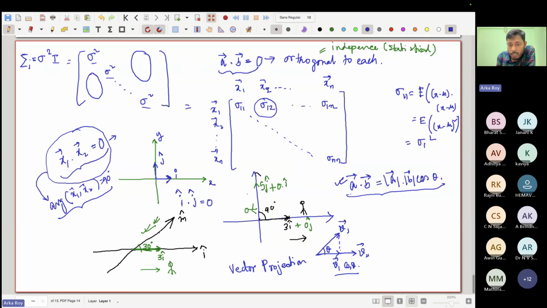This thing over here was not there. Why was it not there? Let's say you have a V1 component when you are residing in the X direction only. So over there you have 3 i cap. The projection of this particular vector onto this axis would be 3 i cap into cos theta. That is cos 90 degrees. That is why you get 0 into i cap.